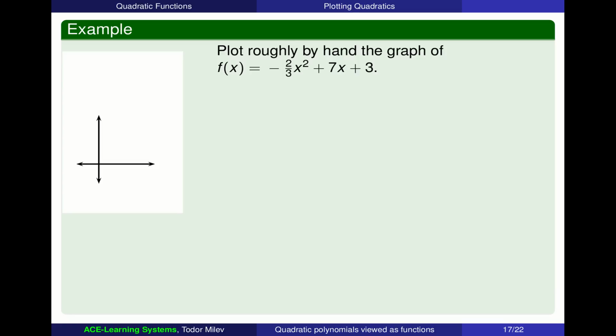As said, our first task when plotting a quadratic function by hand is to find out where the vertex is. So, what is the x coordinate of the vertex of the parabola given? I'm sure you guessed it correctly.